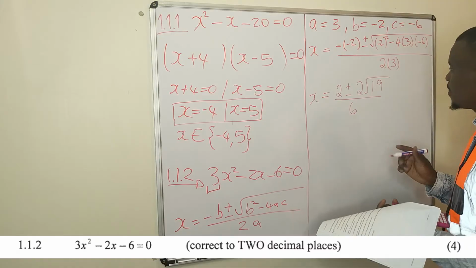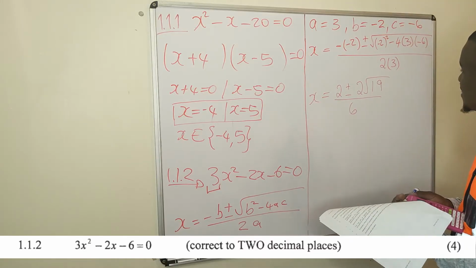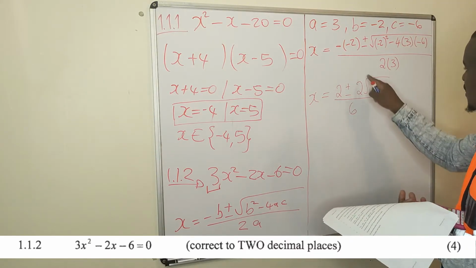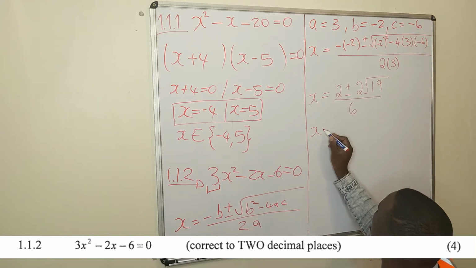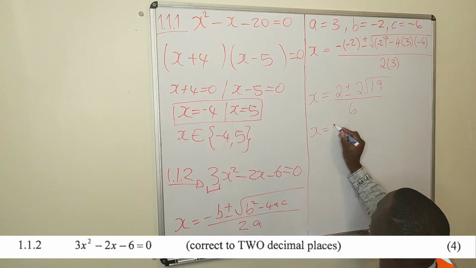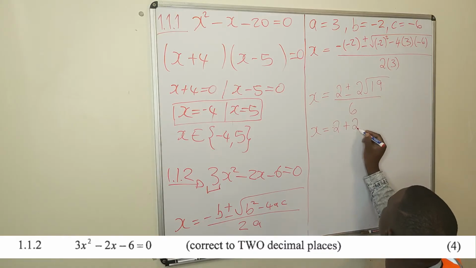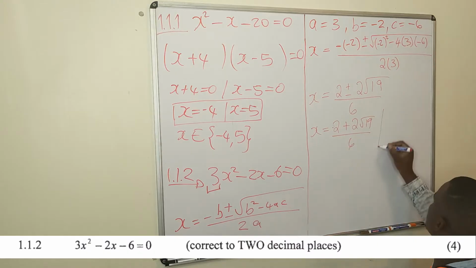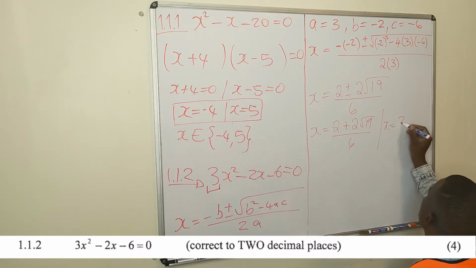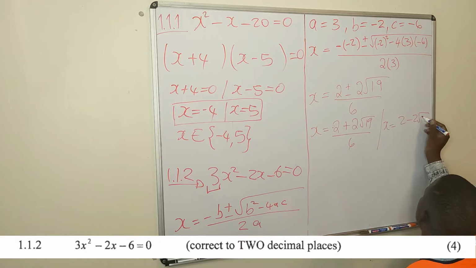So what you do now is punch this separately on your calculator. You say, okay, x is equal to negative 2 plus 2 root 19 over 6, or x is equal to negative 2 minus 2 root 19 over 6.